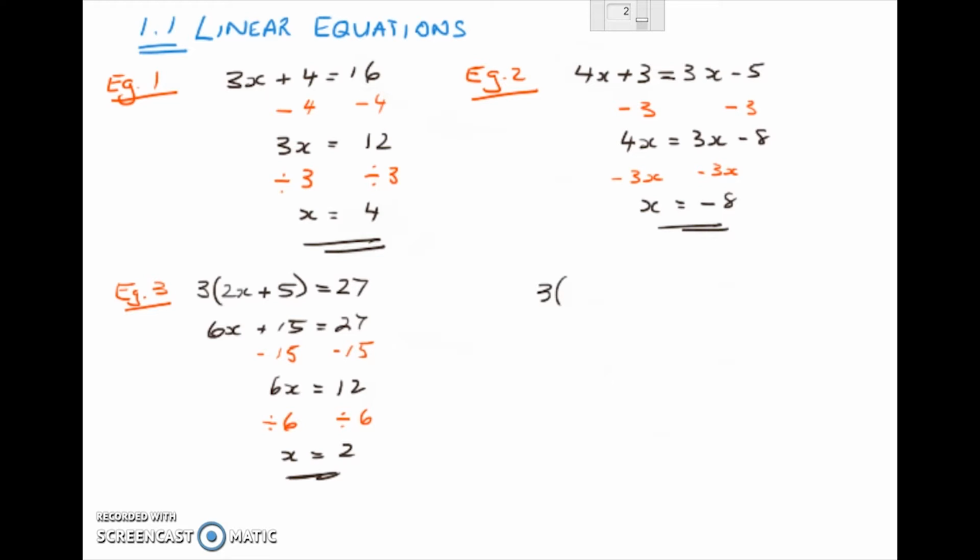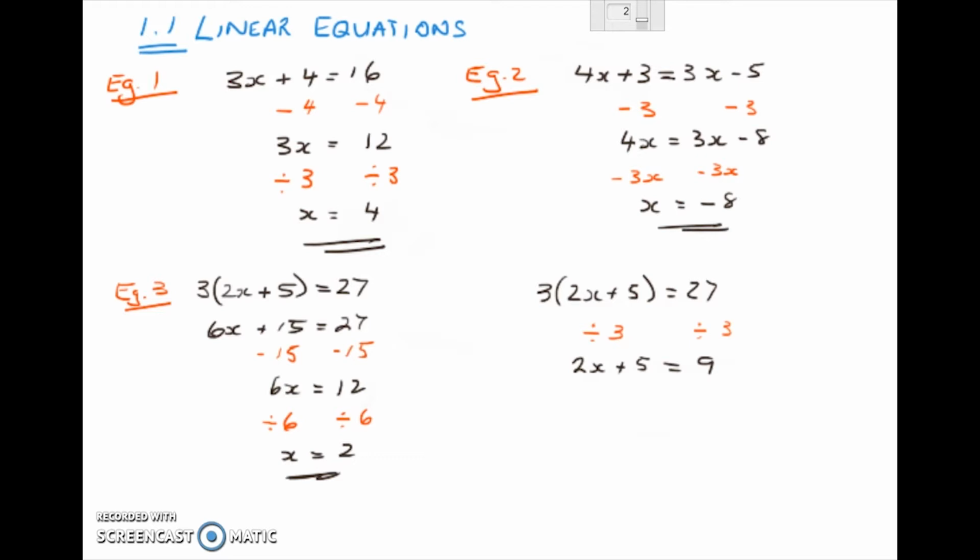So let's look at the second option. We're starting with 3 outside of 2x plus 5 is equal to 27. We're going to undo the 3 times 2x plus 5 by dividing both sides by 3. What we're left with on the left is just the 2x plus 5, and on the right, 27 divided by 3 is 9.